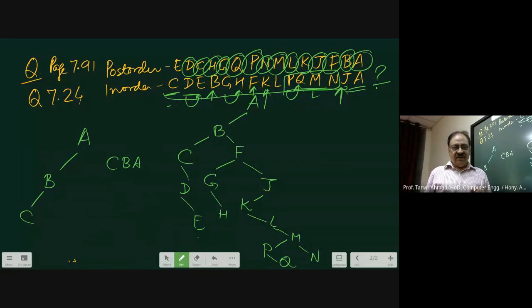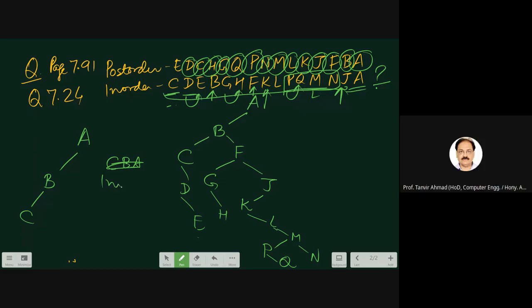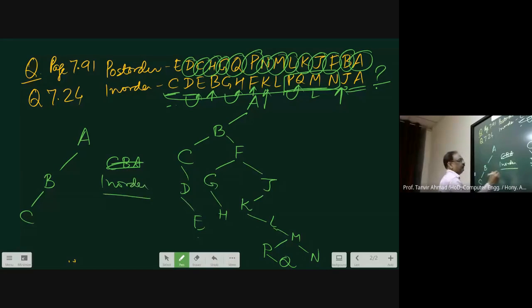Therefore, in this method, the placement of the node, either left or right, can only be known from the in order. The post order or the pre order is going to find the roots. Whereas the in order, now if you're going to do an in order for this, it will give you CBA.